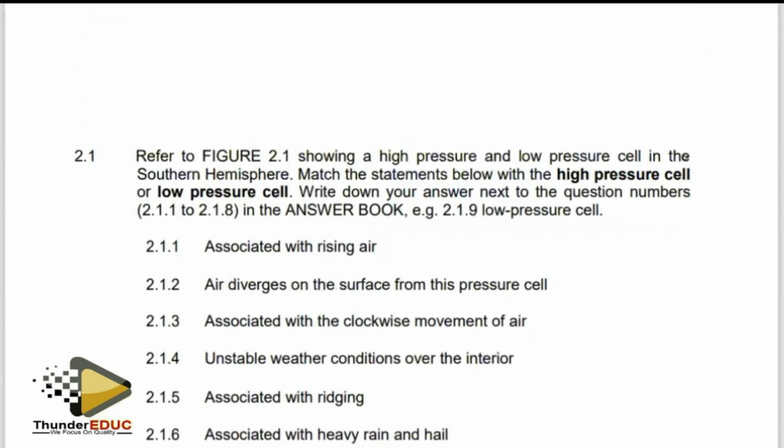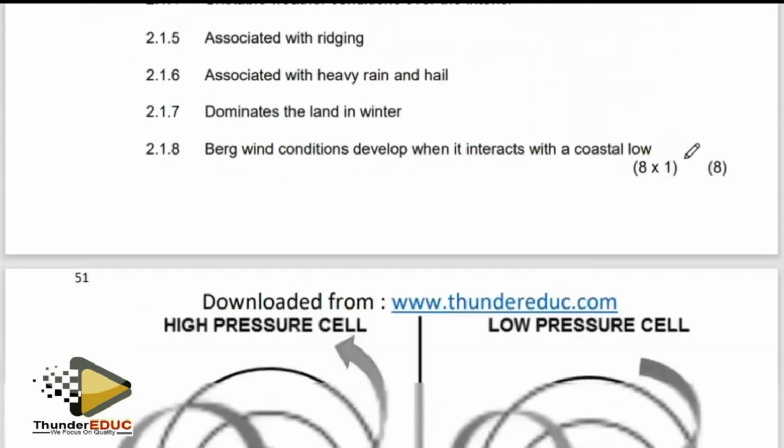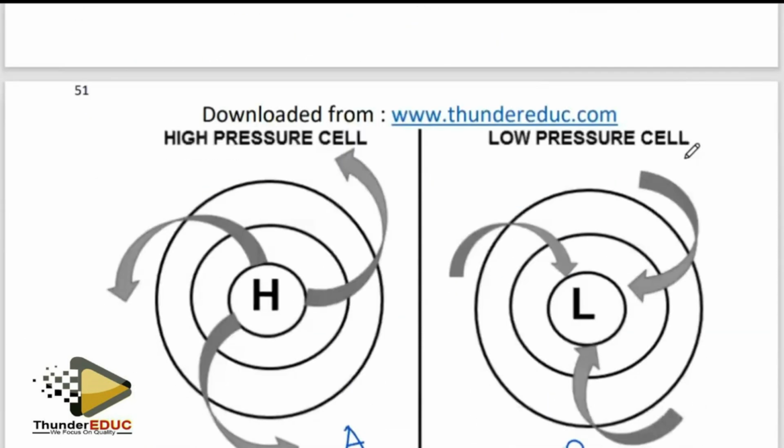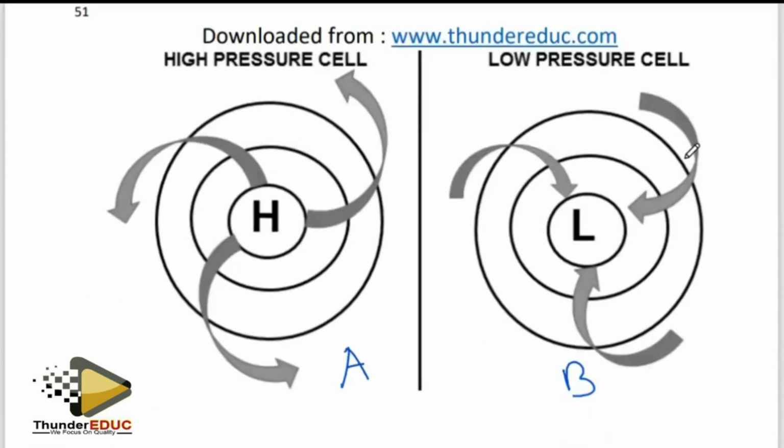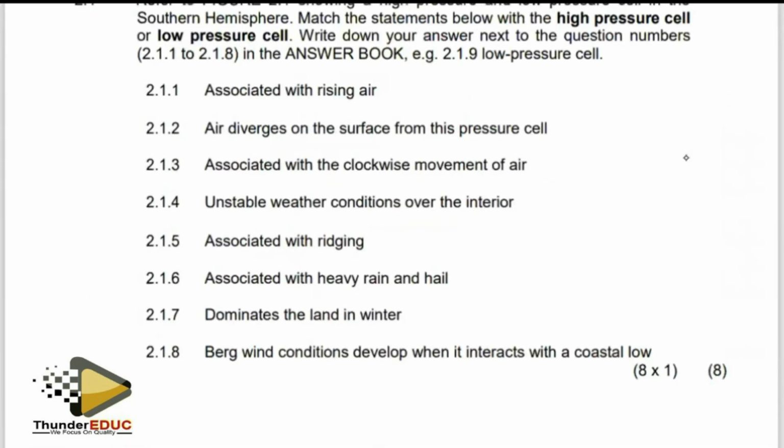So they say, associated with rising air. Is it going to be a high pressure cell or a low pressure cell? For this case, that would be a low pressure cell. It is the one that is associated with rising air.